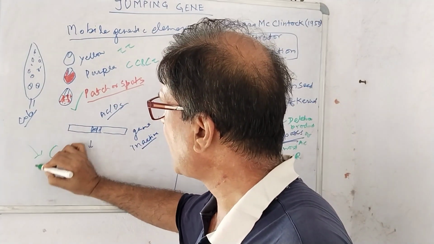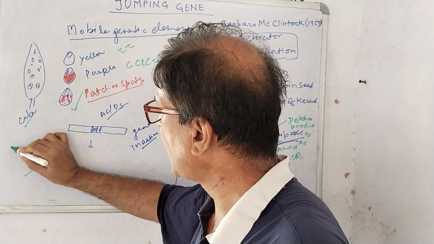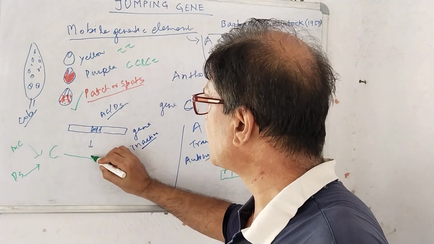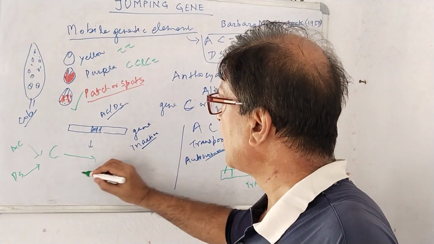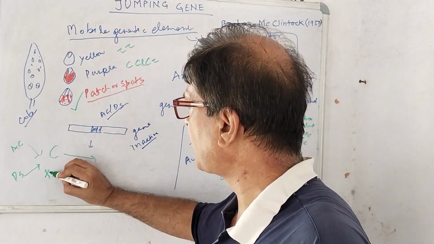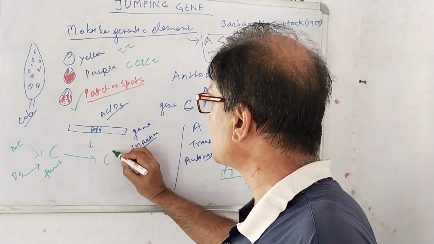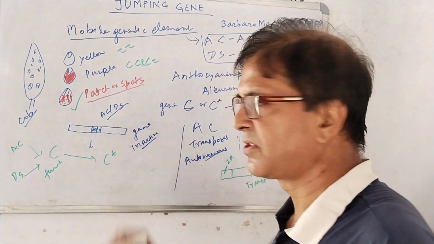Suppose an AC or DS element gets inserted. This was producing purple color, a functional gene, but now it is called the CT gene after insertion.